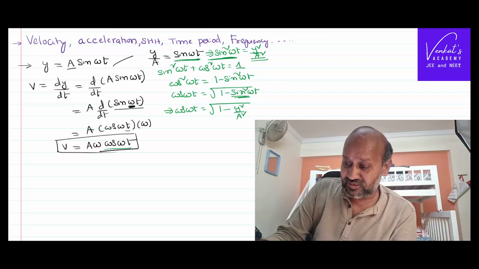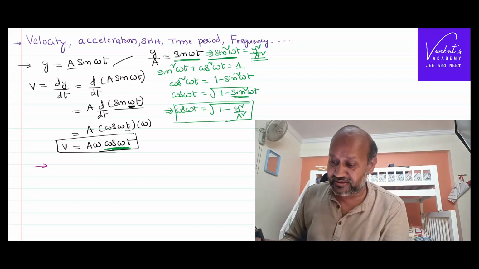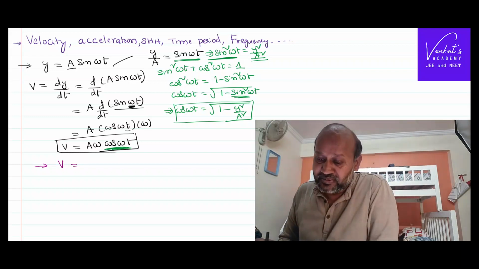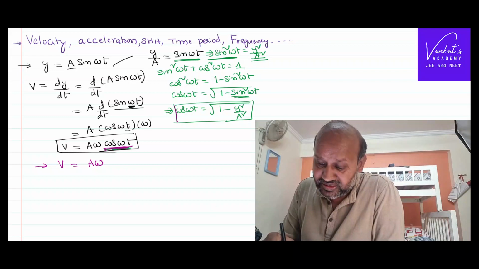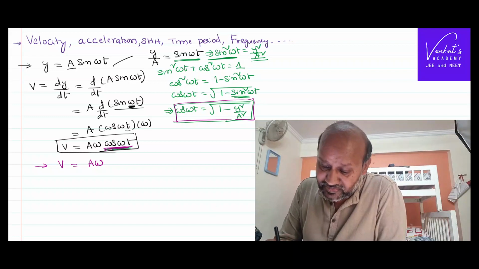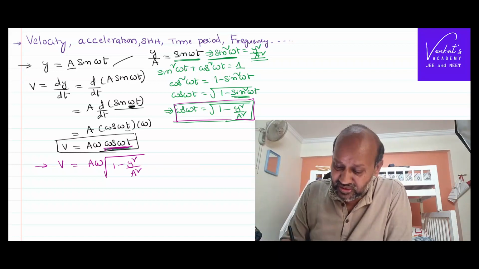So in the place of this cos omega t, I can simply substitute this value so that I can get another format for the velocity of a body in simple harmonic motion. So let us do that. Velocity is a omega. In the place of cos omega t, I can write whatever I have derived just now: root of 1 minus y square by a square.